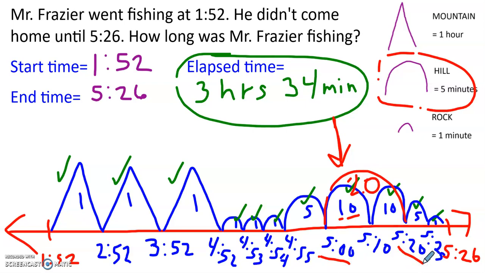So think of your hills as being 5 minutes or multiples of 5. However it works best for you. Make sure that you are labeling everything down here and labeling all of these as well.